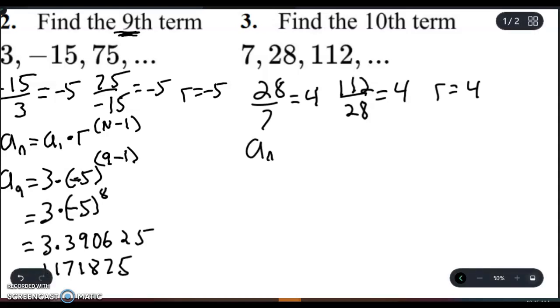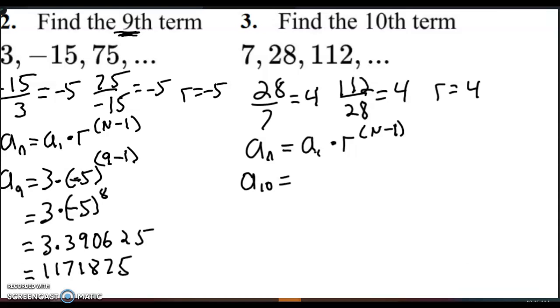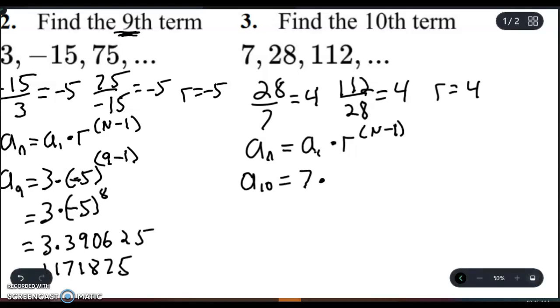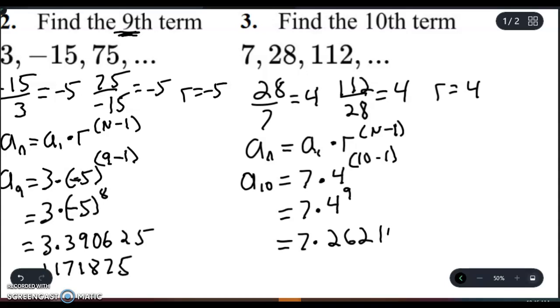Now I'm going to write out the formula: a sub n is equal to a sub 1 times r raised to the n minus 1. a sub n is the 10th term, so we put 10. a sub 1 is the first term, so you put 7, times the common ratio, which is 4, raised to the n, 10 again, minus 1. 10 minus 1 is 9, so 4 to the ninth, which is 262,144.